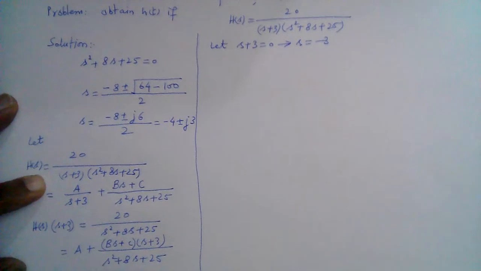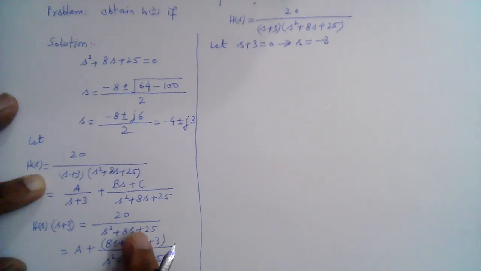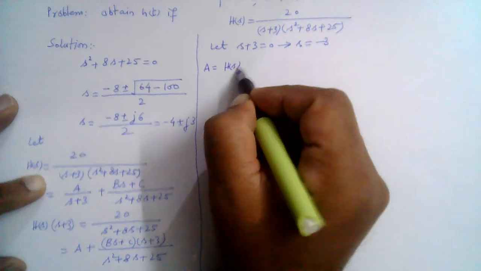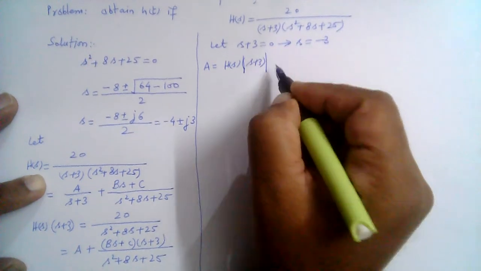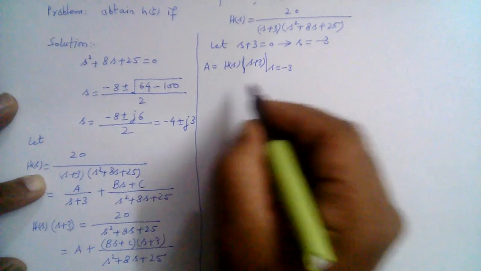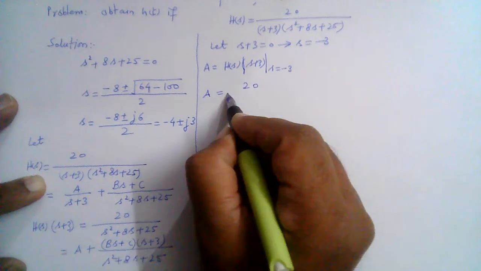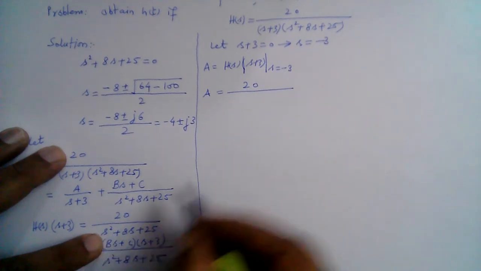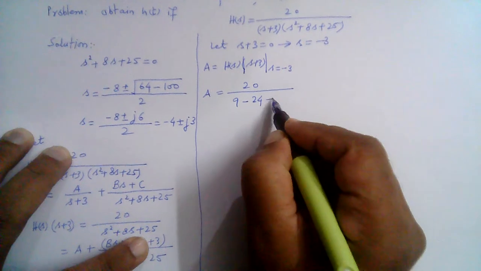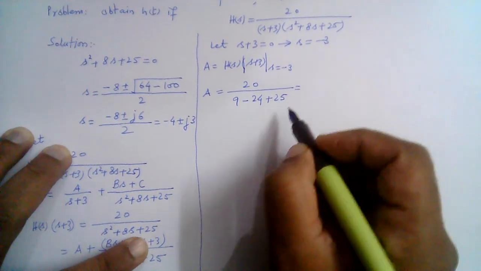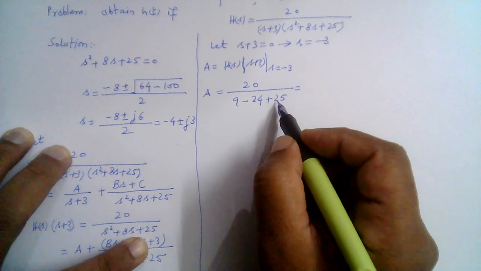Because when we substitute s equal to minus 3, the second term gets eliminated and we are left only with A. So A is equal to h of s into s plus 3, evaluated at s equal to minus 3, and this is equal to 20 over 3 squared, which is 9, and 8 multiplied by minus 3 is minus 24, plus 25. 25 minus 24 is 1, plus 9 is 10.